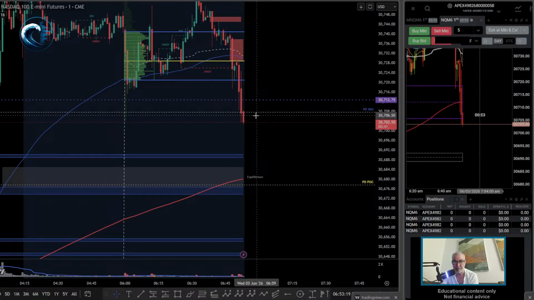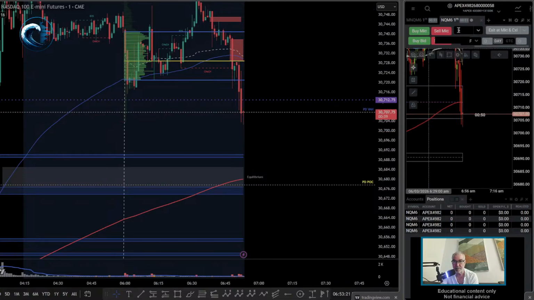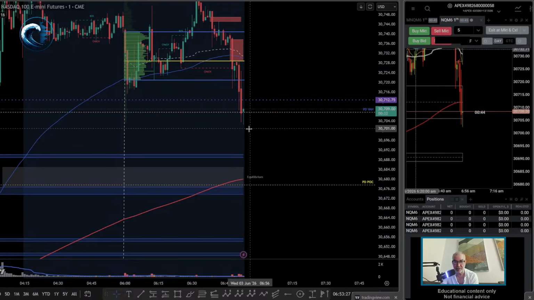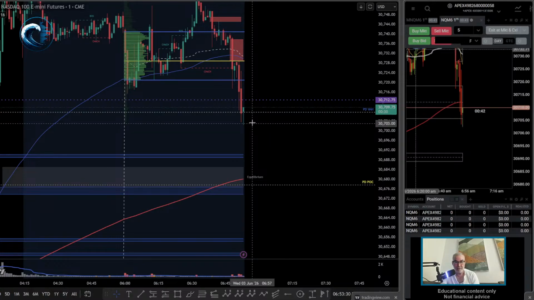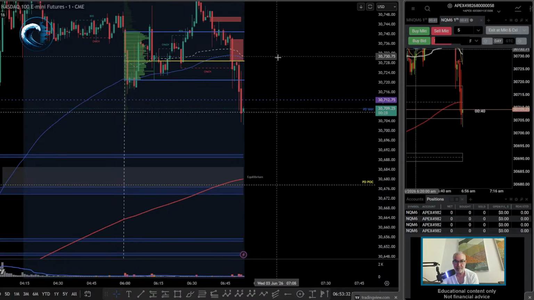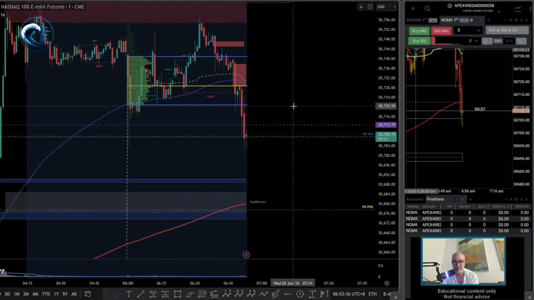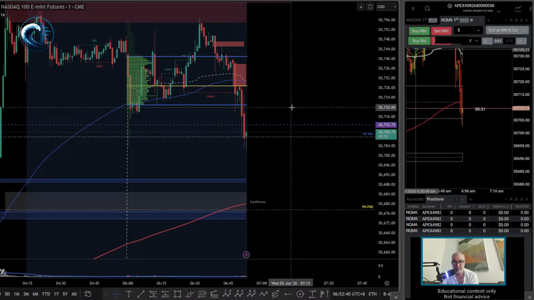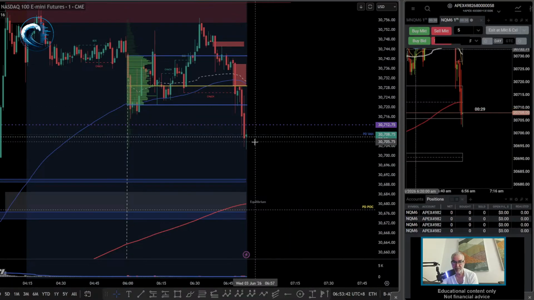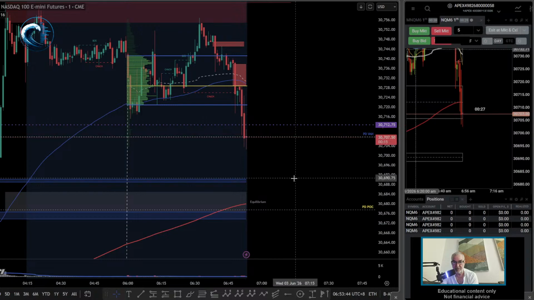Hopefully I get one more retest back up. I just want to see a candle close under the previous day value high before I, because this might just zap back up, like it might even do here. All right, I'll wait to the next candle before I decide if I'm going long or short.